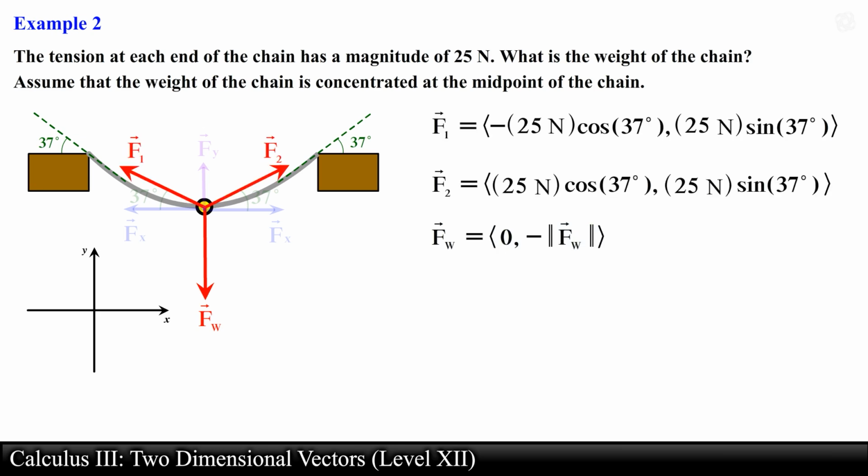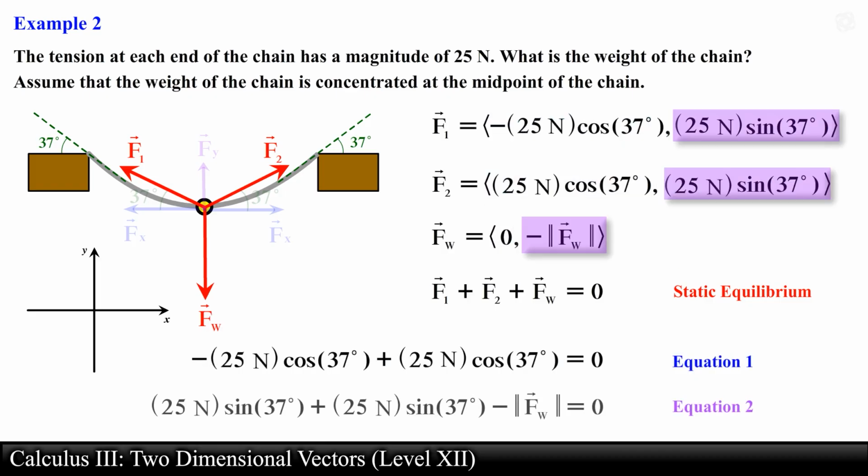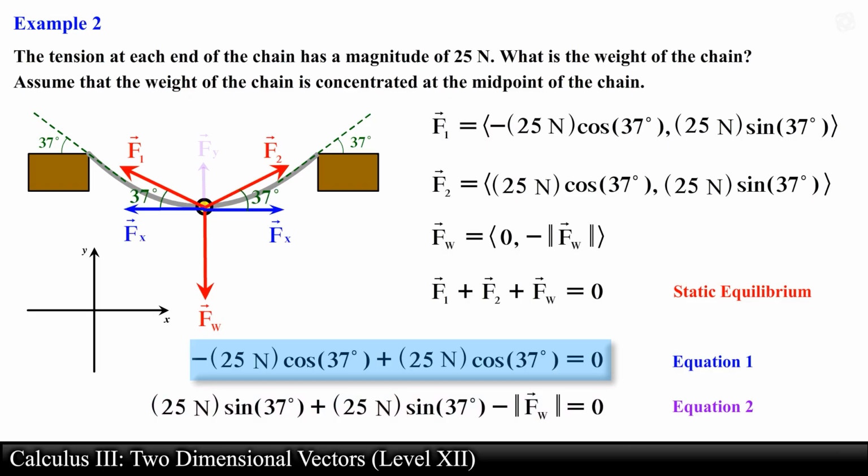Next, we go ahead and add these 3 vectors and set them equal to the 0 vector. Now we are able to generate our 2 equations by adding the x components together and the y components together. Doing that, we obtain the following equations. Notice that the first equation represents the sum of all the x components acting on the chain, and it is composed of only 2 forces, in this case, the x component of each of the tension forces.